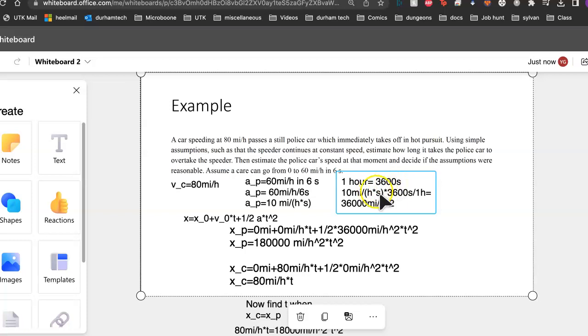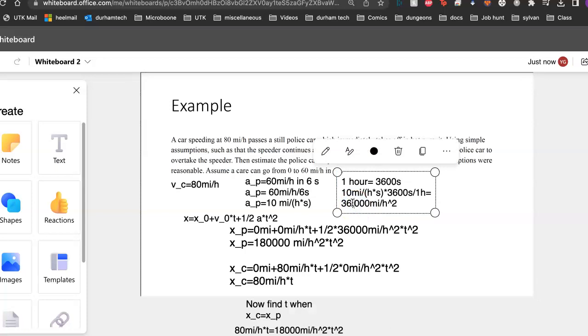So, as with the conversion unit, 1 mile per hour second times 3,600 seconds, so we put the seconds on top of this ratio, per hour. So 3,600 seconds and 1 hour are equivalent units, so we're effectively multiplying by 1, but in doing so we're going to cancel the second units and wind up with 36,000 miles per hour squared.